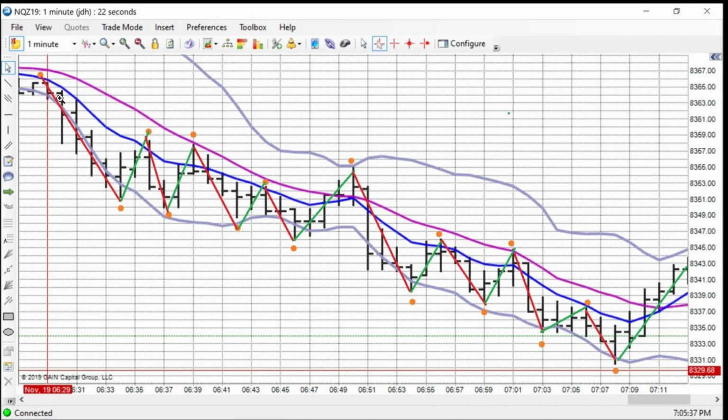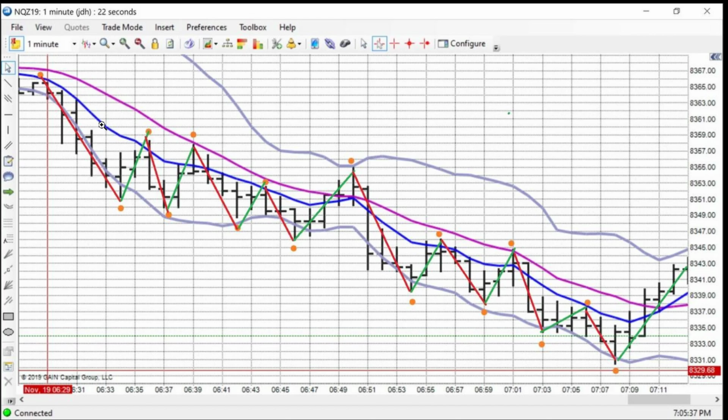So the goal is to avoid the reaction swing and get in the trade just as the action swing is resuming in the trend direction. In this case, the indicator, the blue line, the ADMA line, is below the magenta colored 14 simple moving average line.